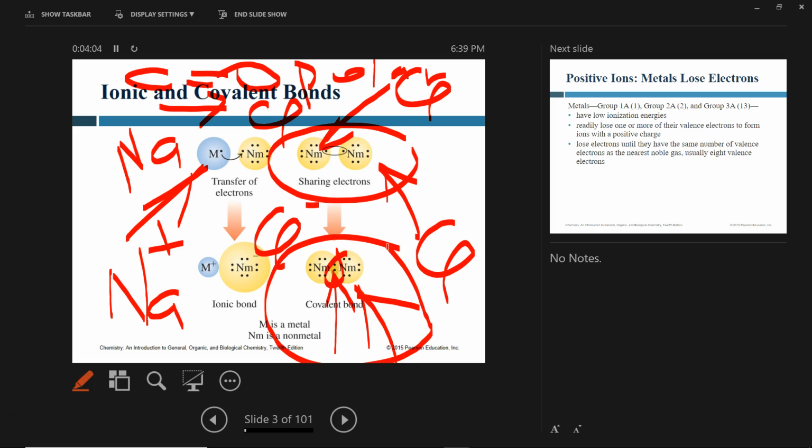Make sense? If one kid is slightly stronger, they will make an agreement. Let's say one kid plays 5 days a week and another kid plays 2. So they're still sharing it, but not equally. That's covalent polar. Does that make sense? We're going to talk about these types of bonds as we move on and discuss various types of compounds.